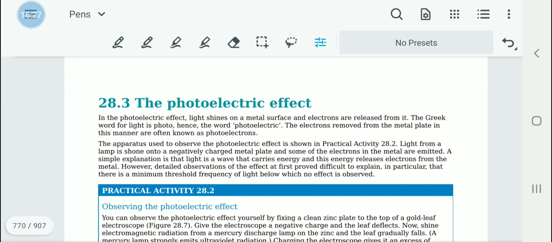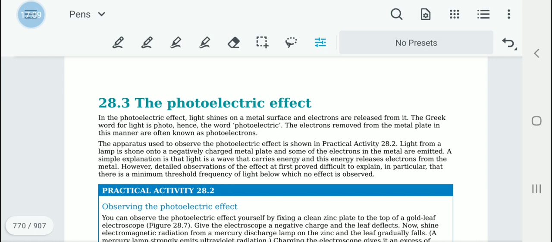Now we are going to learn about the photoelectric effect. In the photoelectric effect, light shines on a metal surface, and that results in electrons being released from it. The Greek word for light is photo, so that is where the word photoelectric comes from.